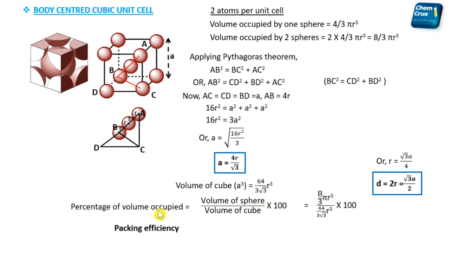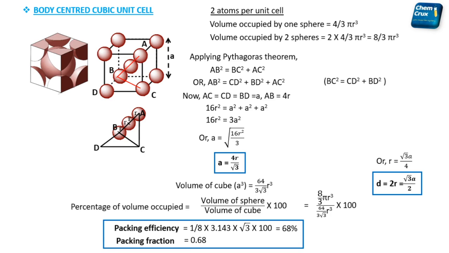So percentage of volume occupied is packing efficiency, and on calculation of these values we will get packing efficiency as 68%, and in terms of fraction it can be written as 0.68. So for body-centered cubic unit cell, these are the values of packing efficiency and packing fraction, right?